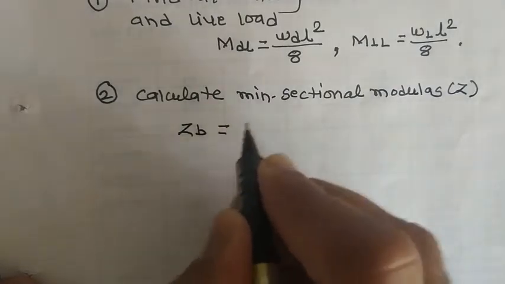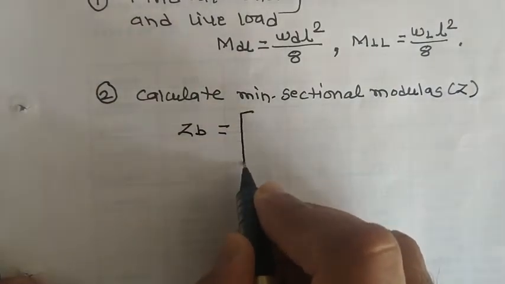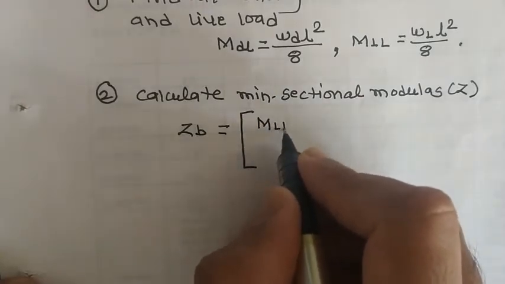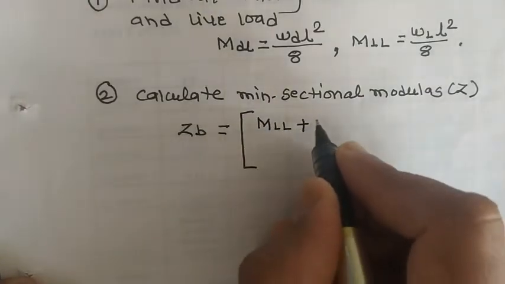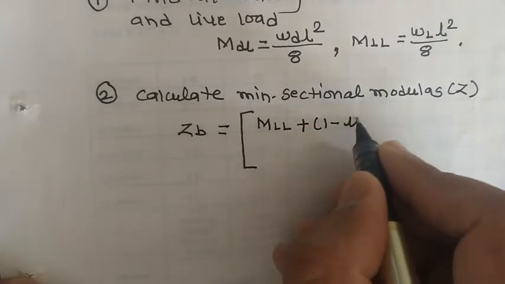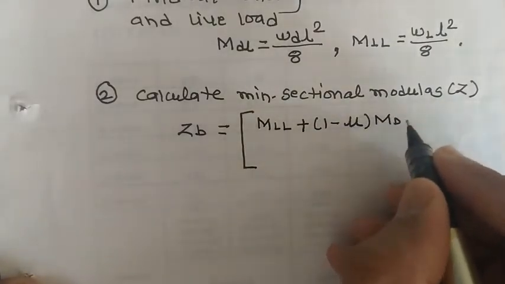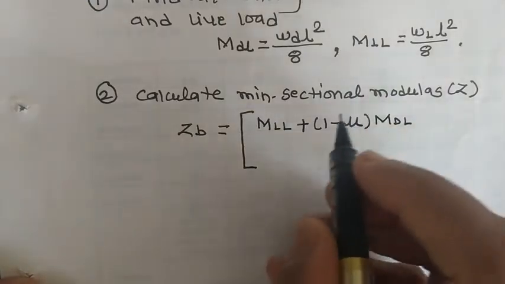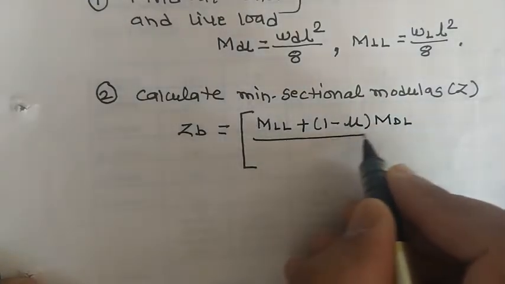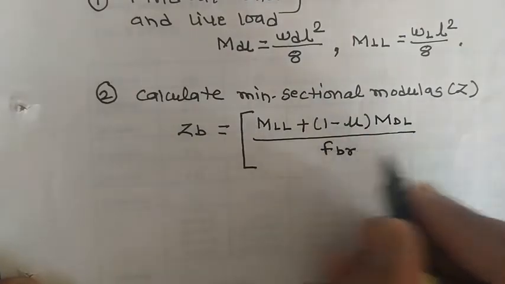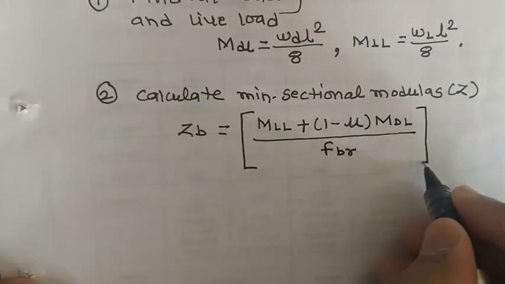Z bottom is equal to bending moment due to live load plus (1 minus mu) into bending moment due to dead load, divided by FBR.